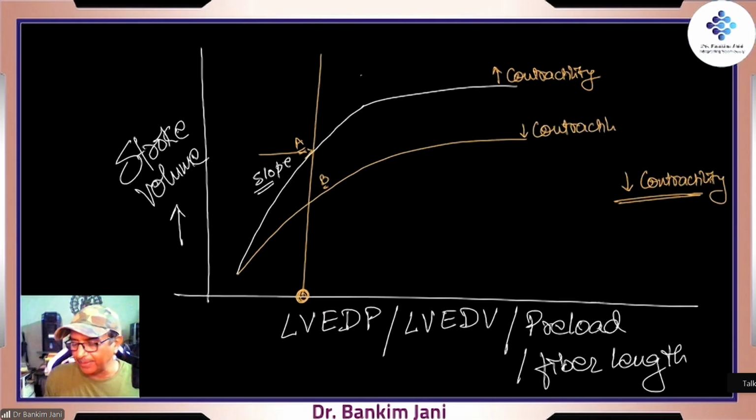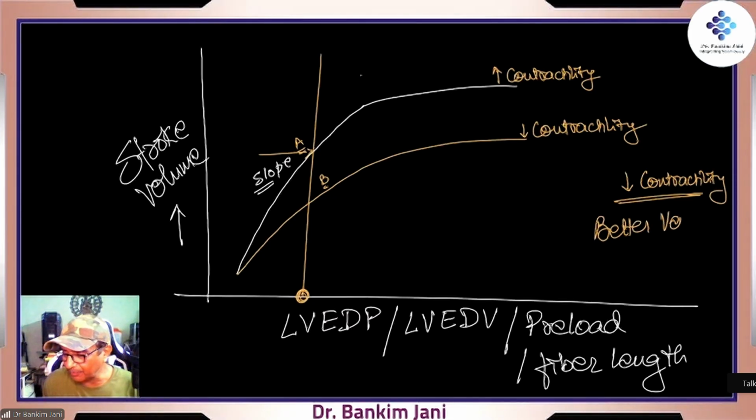Okay. Next question. Stroke volume is higher in case of A. You are right. Yes. Next one. In both of these cases, venous return would be better in which? A or B?